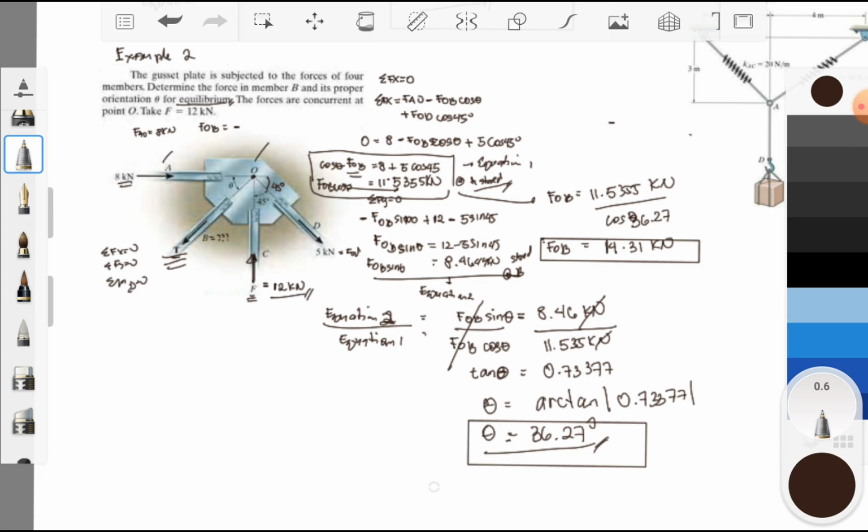Okay, but as we go on with our example, we will add the third aspect, which is the rotational motion or your moment, wherein your summation of moment must also be equal to 0 in order to attain this stability or equilibrium of forces, meaning it will not move in x, it will not move in y, and it will also not rotate.